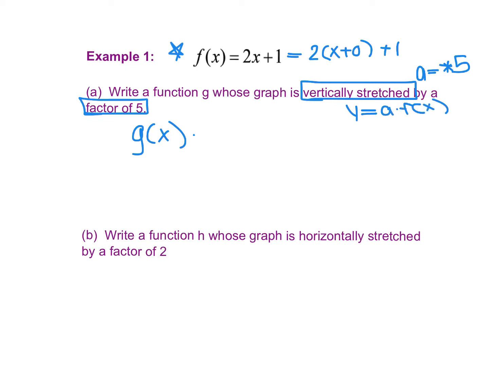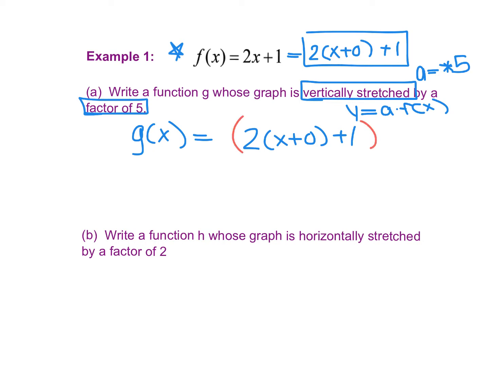So what we're going to do here is we're going to take this entire function, so we have 2x plus 0 in parentheses plus 1, and we are going to multiply it all by our vertical stretch factor of 5. So because this is a vertical stretch, we're going to multiply the entire function by 5. And just like we did with the reflections, you're only going to distribute it to each little chunk. So there's a chunk of stuff grouped together, and there's a chunk of stuff grouped together.